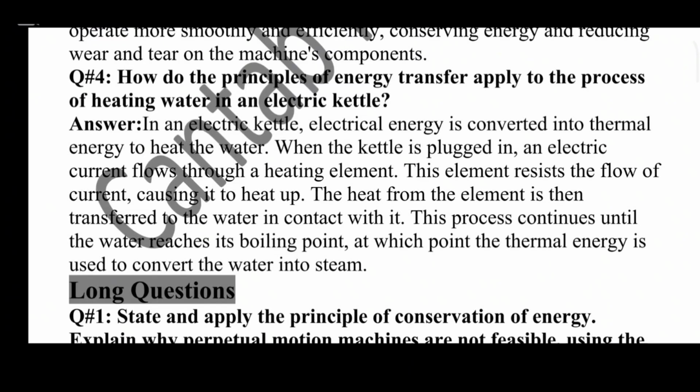This element resists the flow of current, causing it to heat up. The heat from the element is then transferred to the water in contact with it. This process continues until the water reaches its boiling point, at which point the thermal energy is used to convert the water into steam.